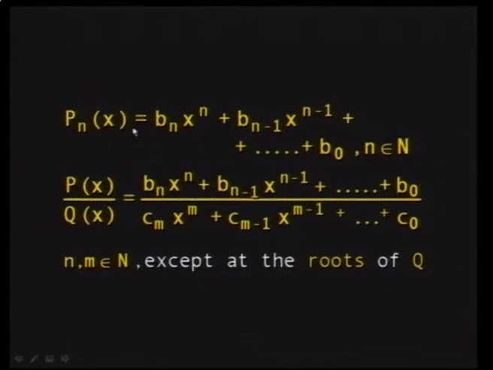For example, the one at the top here is a polynomial of degree n, and this is continuous everywhere on R. Because x to the power n, where n is an element of the set of natural numbers, is continuous, the summation, from the last theorems, is also continuous, so Pn of x is also continuous. This one here is a quotient, or a rational function of x, and like the preceding one, it is continuous except at those points at which the denominator vanishes, and we call them the roots of the denominator of q.